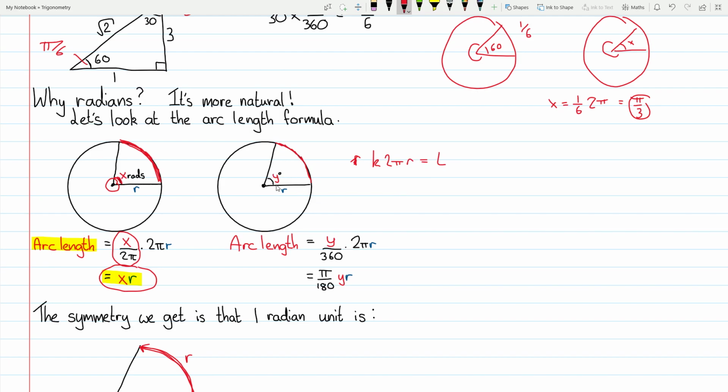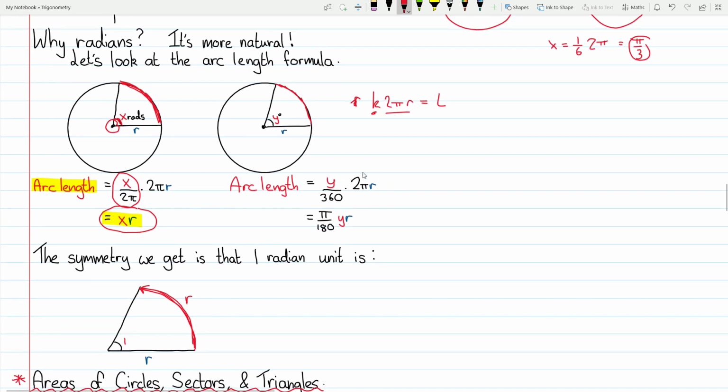Well, it's the same as the ratio of the angle compared to a full rotation. So we take this angle measured in radians now, divide it by the whole rotation, and then multiply it by the circumference. This is our ratio, and that gives us the arc length. But notice, because we measured in degrees, it doesn't simplify any further. We get pi divided by 180 times our angle in degrees times our radius.